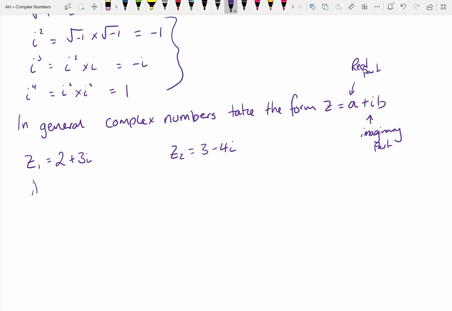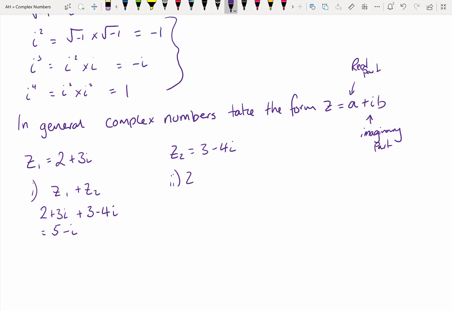So if we want to do one complex number plus another complex number, we just write them just like that. So we get 2 plus 3i plus 3 minus 4i. And this is where it becomes a little bit like algebra that you've seen before. We're looking to add together, essentially, our like terms. So we can add together all the real bits. I've got 2 plus 3 gives me 5. And then I can deal with all the imaginary bits. So I've got 3i minus 4i. It's just minus i there.